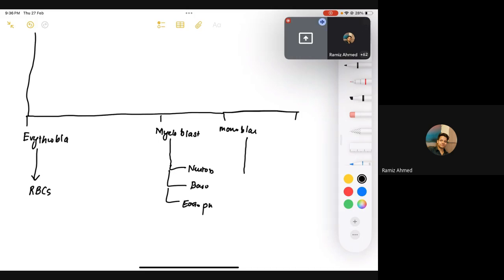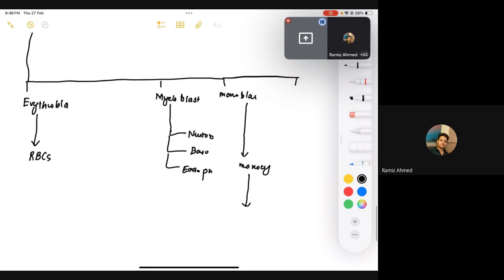From the monoblast we get monocytes, and monocytes further mature into macrophages. Then we have the megakaryoblast. After the megakaryoblast, we have megakaryocytes and platelets.